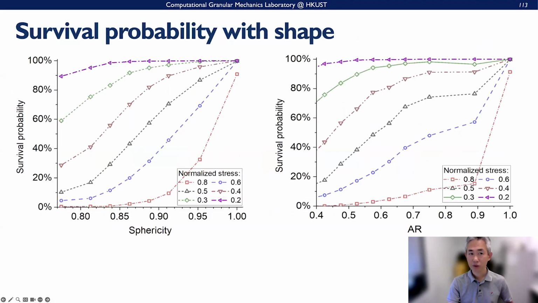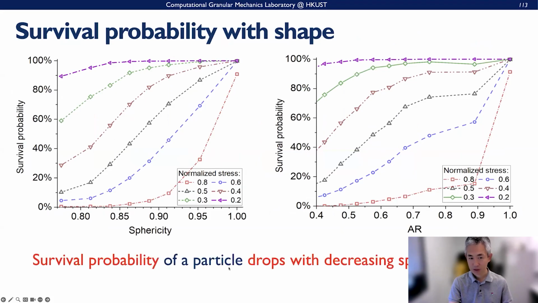We can also look at the so-called survival probability, the probability that one particle can survive, with different shapes here. So I would think that the survival probability of a particle will essentially drop with decreasing sphericity, this curve here, right?